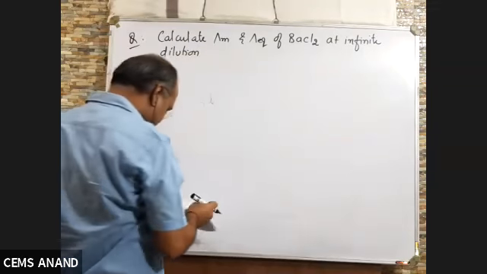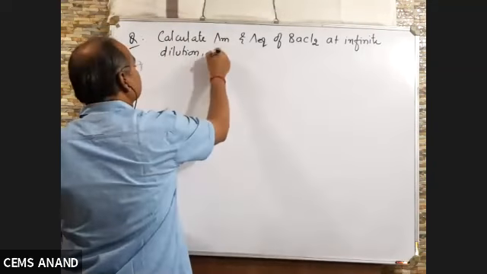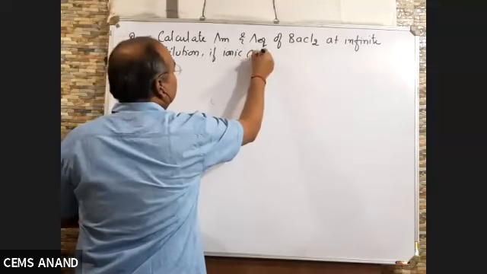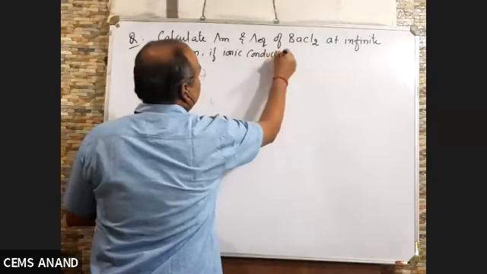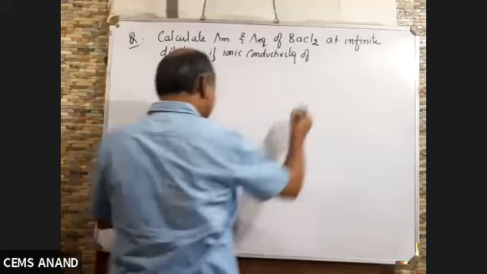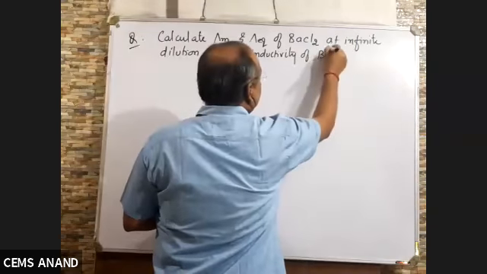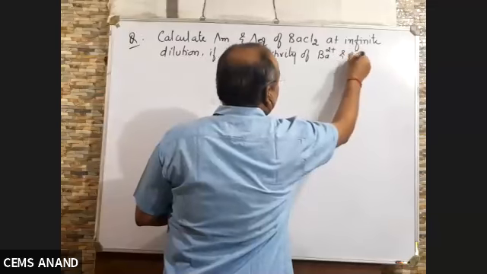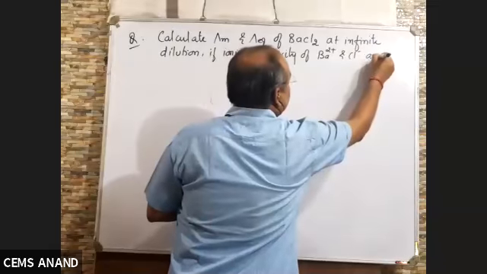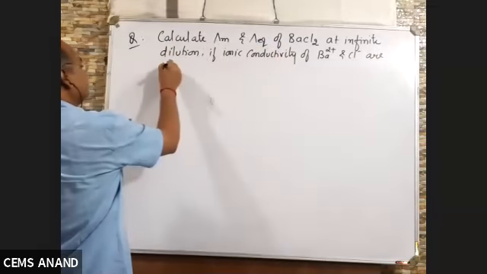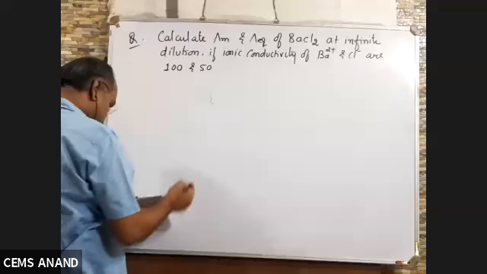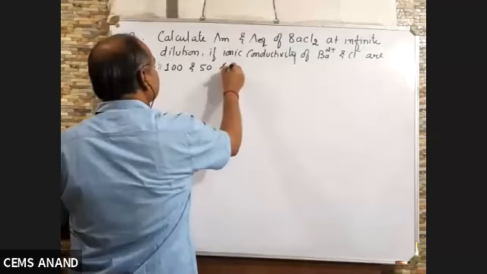At infinite dilution, if ionic conductivity of Ba2+ and Cl- are 100 and 50 respectively.